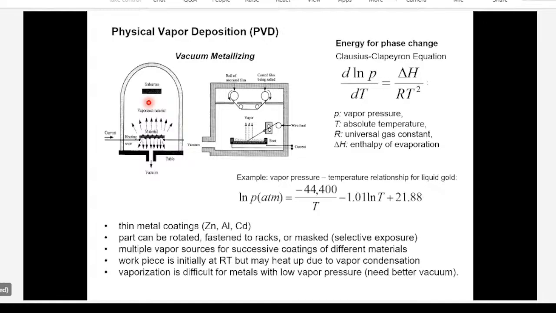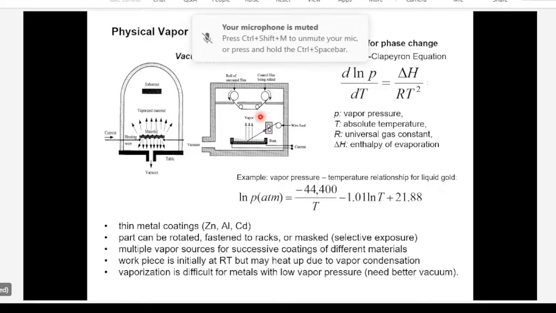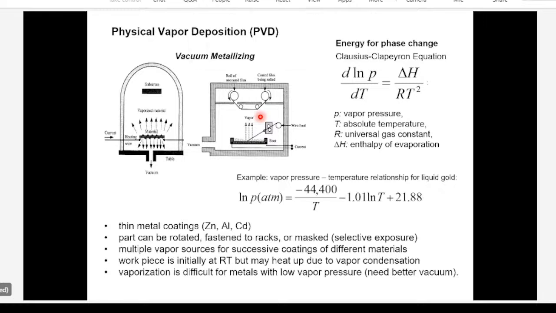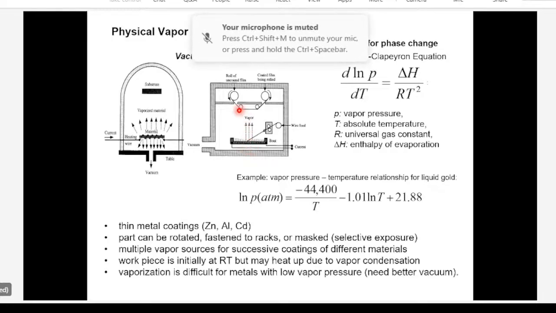And this can be done on plastic or paper. So when you have plastic rolls or paper rolls with thin metallic coating, like aluminum or gold, this is the process they use to deposit coatings. So heat the metal or the alloy, let the vapors form, let the vapors rise and condense on the workpiece.